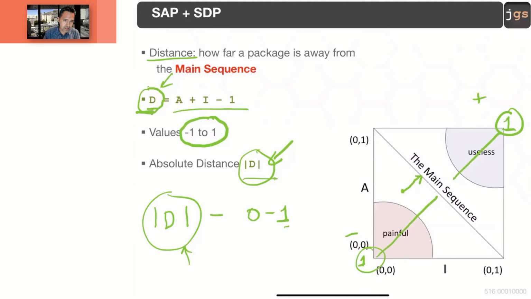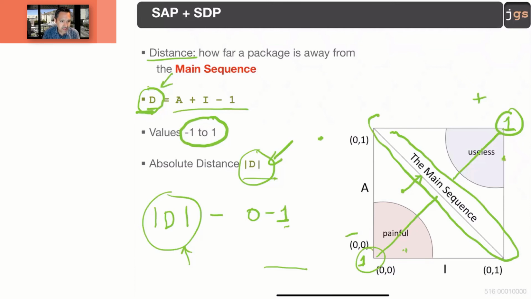With the bars, the value is 0 to 1. We only care about how far we are from the line. Without the bars, we care about the sign. And therefore, we care not only about the distance, but also about the direction. If we are close to this place or to the other place.